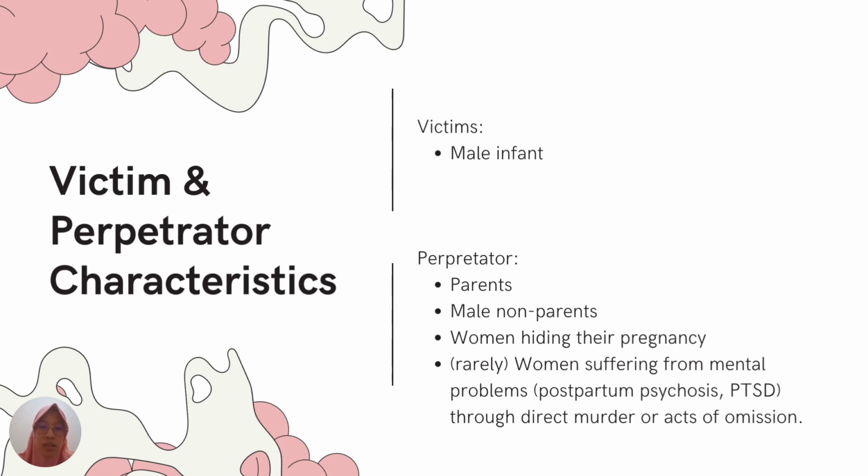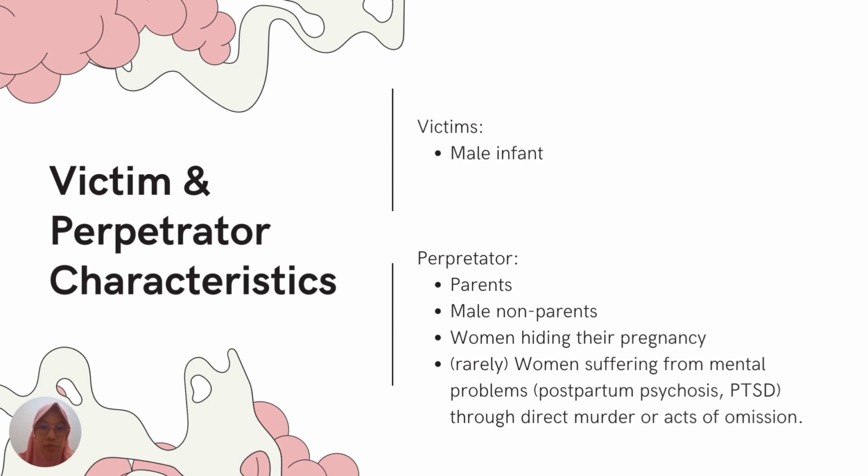This is when the symptoms of postpartum blues still happen after a long time has passed. And then lastly, the most severe one is postpartum psychosis, which happens when the symptoms of postpartum are accompanied by psychotic episodes.